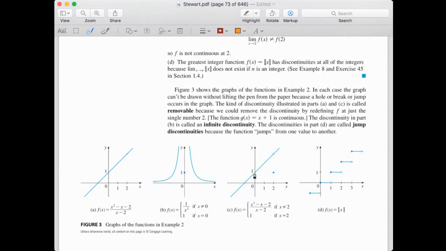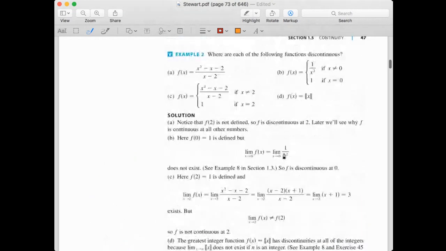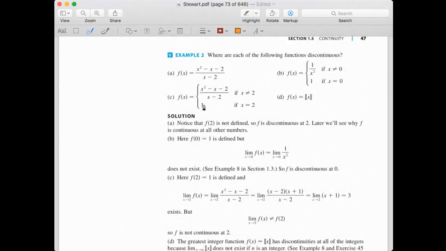So this is 1. This is approximately 3, because x plus 1 is 3. What if I change this one to be 3 instead of 1?